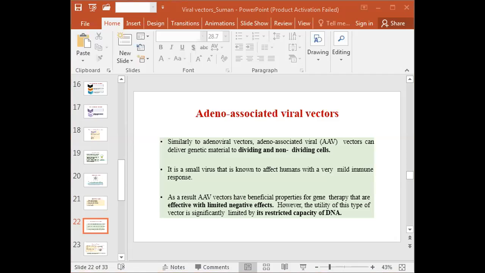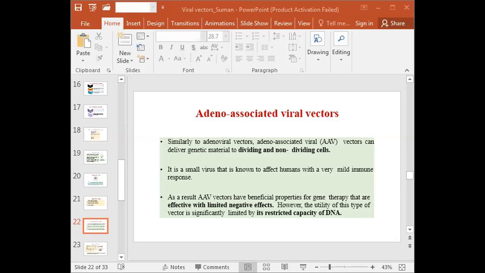This small virus is naturally replication defective and requires the assistance of either a helper virus such as adenovirus or herpes virus, or some form of genotoxic stress to replicate within the host cell nucleus. So they naturally have replication defective systems, and this particular characteristic of these viruses has been utilized for the construction of associated viral vectors.